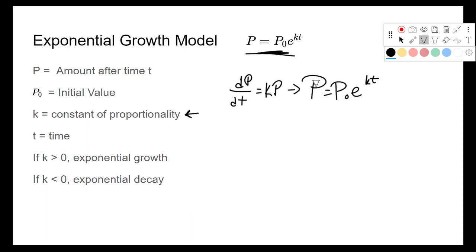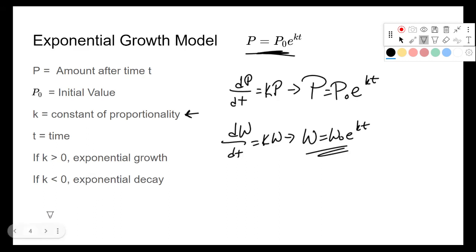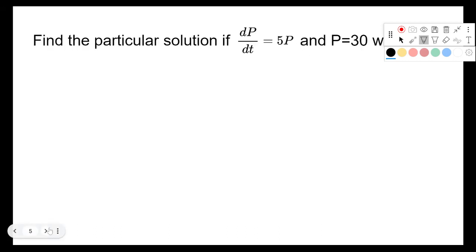You can just assume that that's true. So if I say dW/dt is equal to kW, then you know automatically W equals W naught e to the kt. That's the equation that you would get if you solved it. And then that would be the equation that you'd use to work out your problem. That's the first major thing you need to be able to understand here.